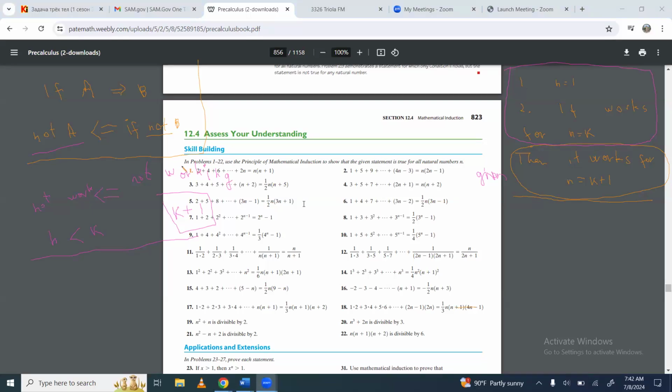Usually those proofs are very straightforward. Once you write down everything you need, then it comes out automatically. So let me try exercise number 19 in section 12.4, mathematical induction.